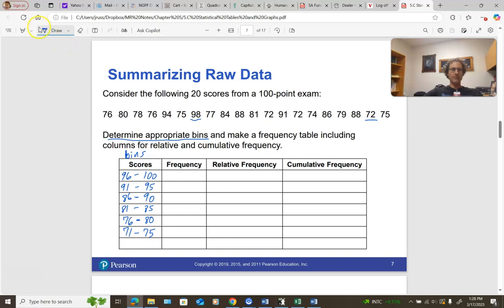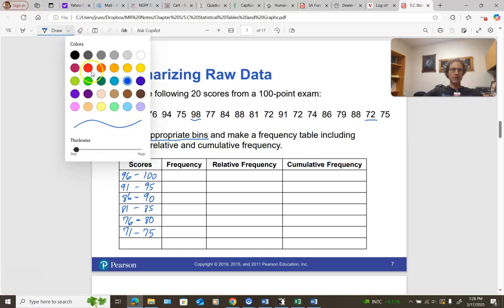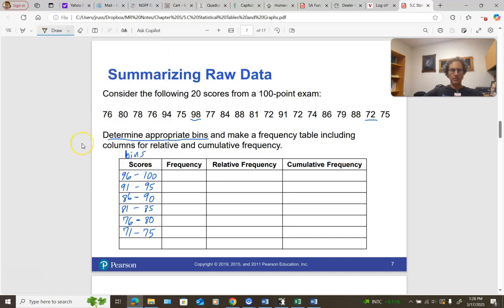Another good way to do this, if you have it printed off, is to mark values out as you accumulate frequencies. 98 would definitely fall within that bin, so that's 1. 94 will not, neither will 91. So there's only a frequency of 1 for this first bin.